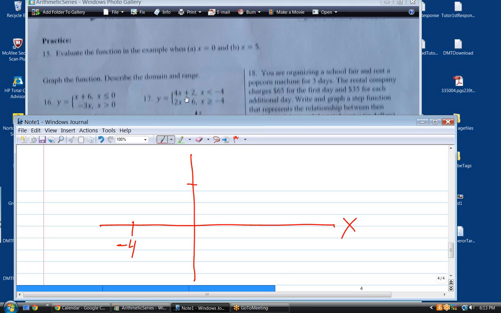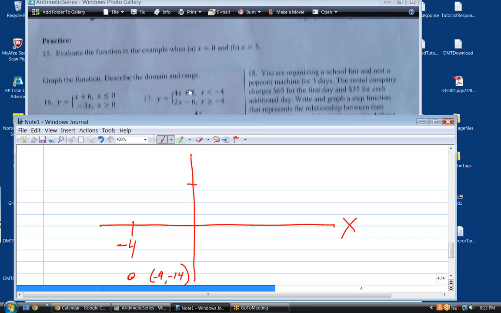And what do you get? 4 times minus 4 plus 2, negative 14. Okay. So I'm going to go down here and draw an open circle at minus 4, minus 14. That's where my function's going to start. What's the slope on it?